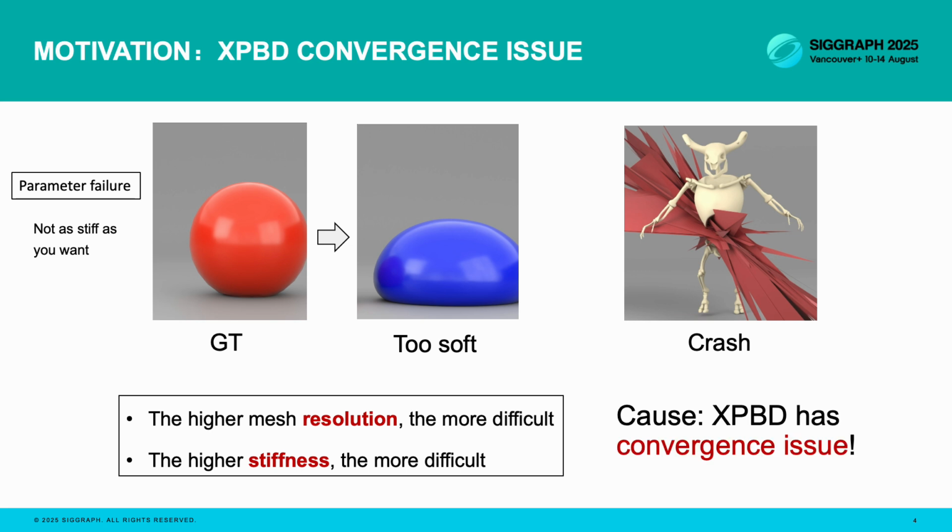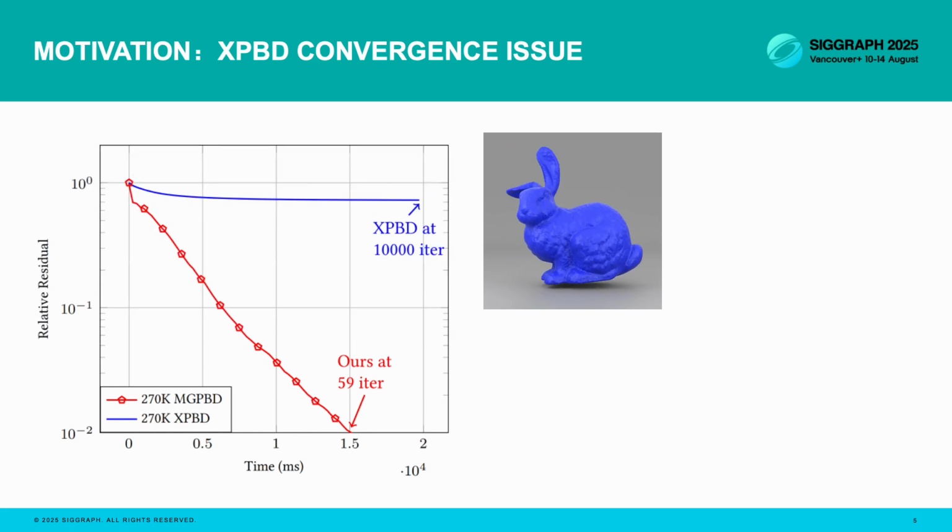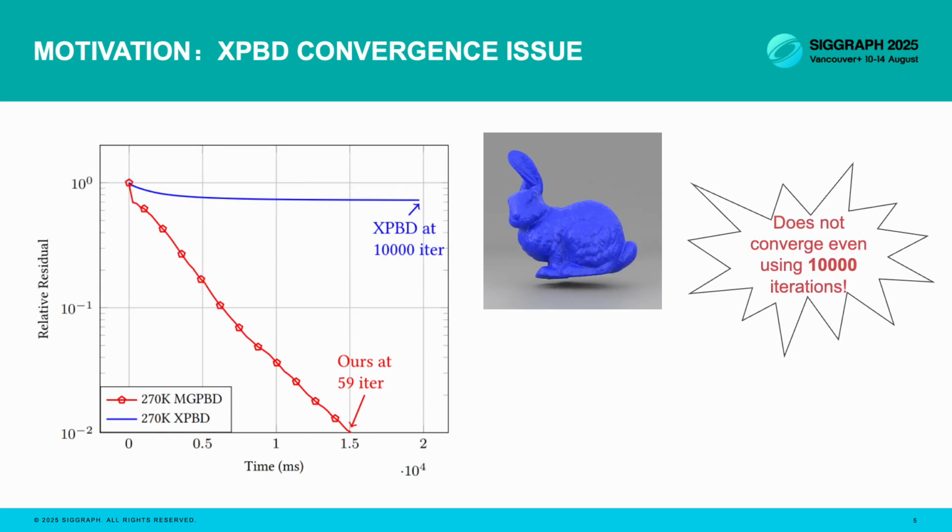XPBD struggles here. It has convergence issues for these difficult scenarios. If we run XPBD under 1000 iterations, it performs well. But if we run more iterations, the residual curve plateaus. It never converges, even with 10,000 iterations.